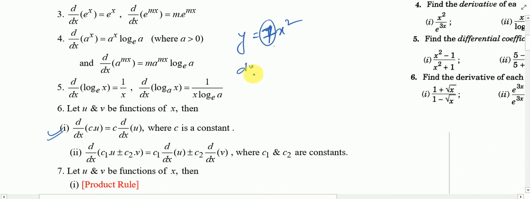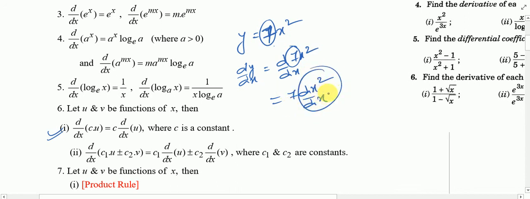So if you are differentiating this, then you have to write like this, and this constant will come out. So you will get this, and thereafter you have to see which formula is applicable for this. So here the second formula is applicable. So you can use it and you will get your answer, that is 14x.